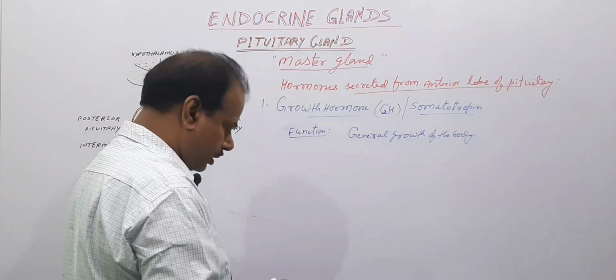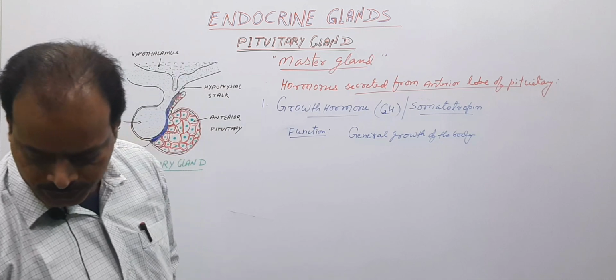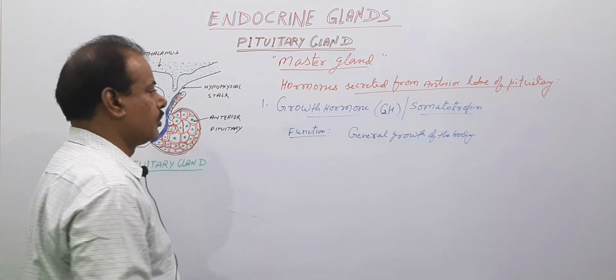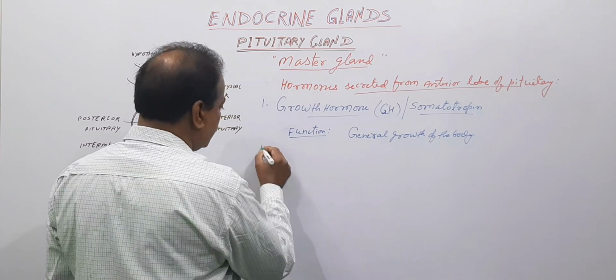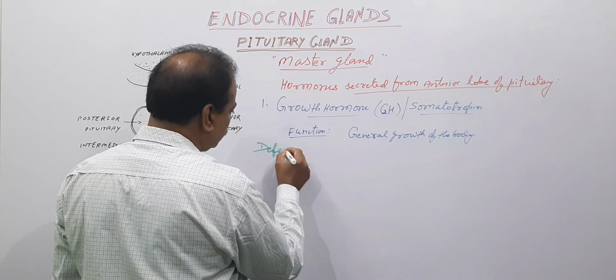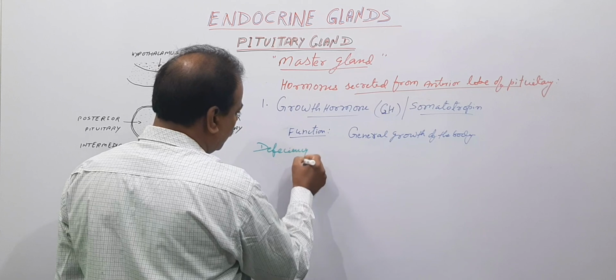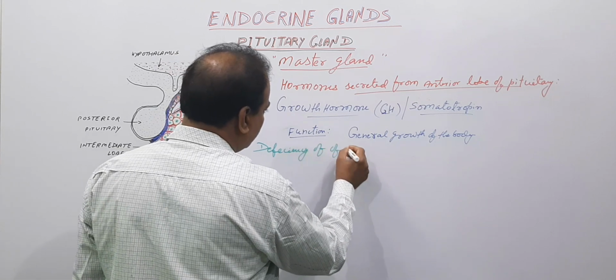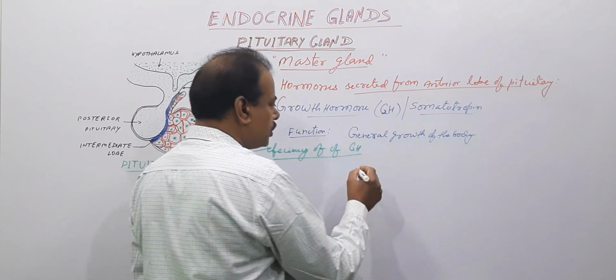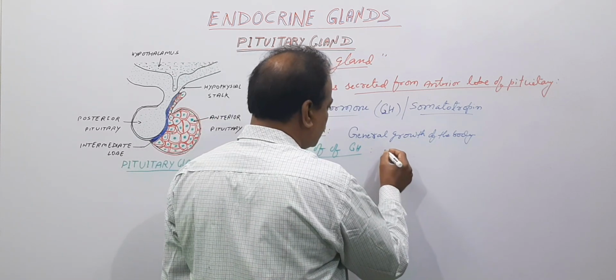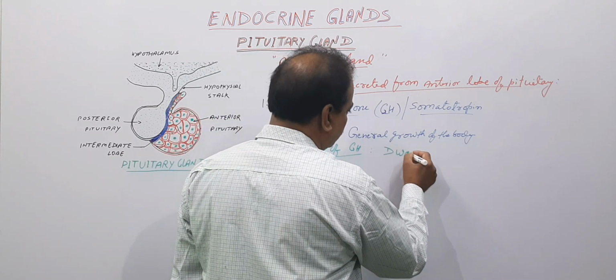Now deficiency and excessive amount of this hormone cause different types of disorders. So at first, deficiency of GH. Deficiency of GH causes dwarfism.